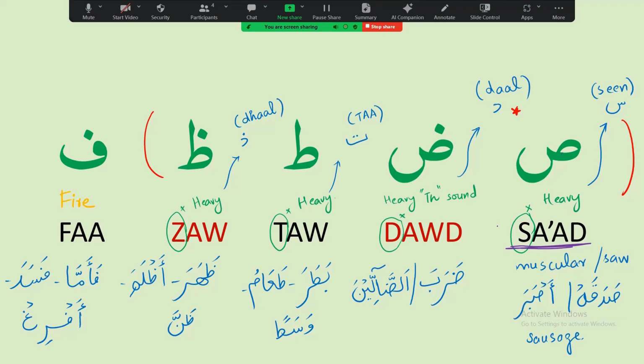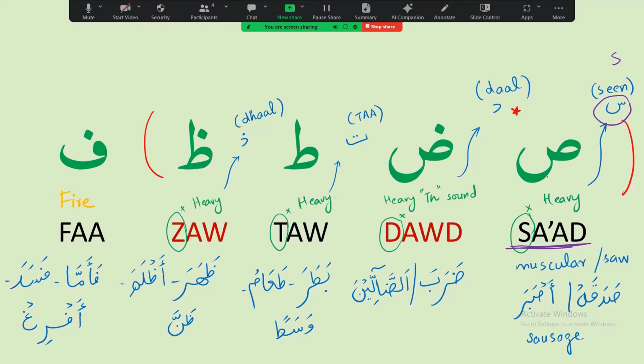Okay, so the first letter of today is different from a letter that we have already covered in the previous lesson, which was the seen letter that you see written on top here as well. I mentioned that this seen is like S of English. But this sad for today is not like the S. This is kind of a heavy version of seen.